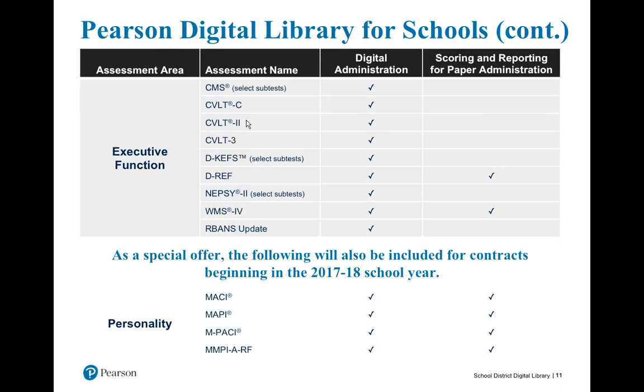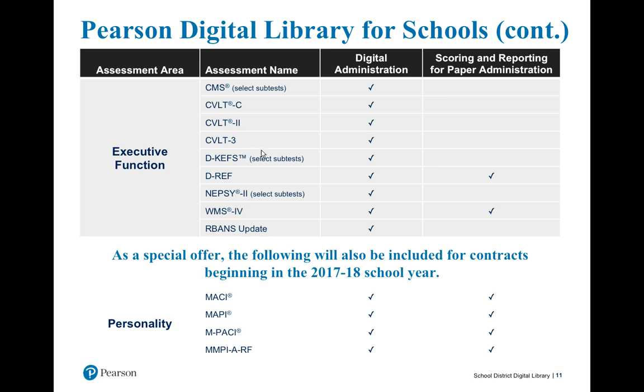In addition to those tests, we've included some executive functioning tests, and we are also including some mental health measures that are listed at the bottom of this screen. These are not frequently used in schools, we recognize, and they are not impacting the cost at all, but the authors are very interested in getting some feedback from schools to see how they could potentially be more useful in a school setting.